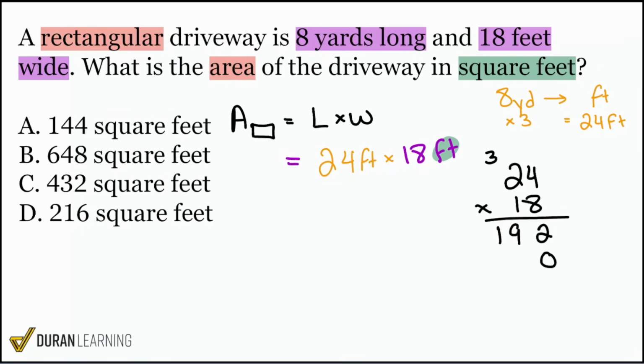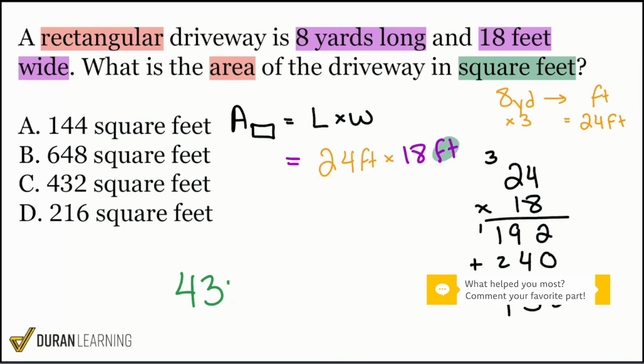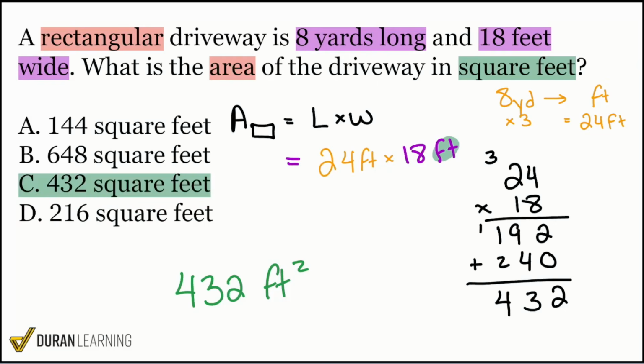Then we'll bring a 0 down so we can start right here on the 1. 4 times 1, 2 times 1, add this all up, and we end up getting 432. And there we are, everybody. The correct final answer is 432 square feet. The correct answer is C, right over here.